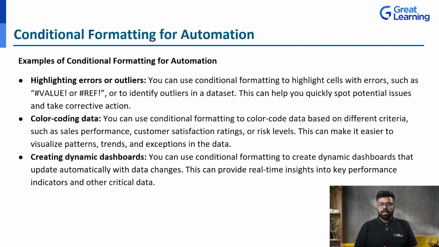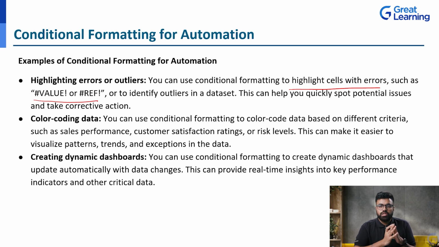Number one is highlighting the errors or the outliers. You can use conditional formatting to highlight the errors, as we just mentioned, such as you would have normally seen these types of errors when you were using Excel, or to identify the outliers in the data set. This can help you quickly spot potential issues or take any corrective action if possible.